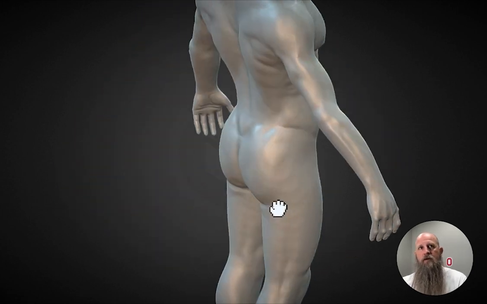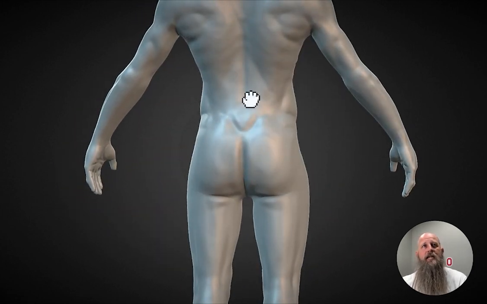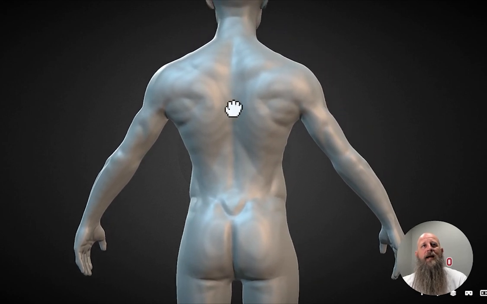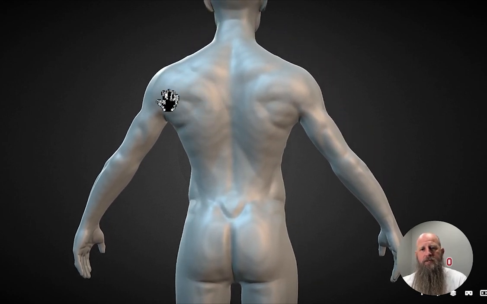Flip this around. Let's go to the posterior aspect. On the back side, we have the scapular region where the scapula is. Then in the middle, we have the cervical region, that's our neck. Then we have the thoracic region of the vertebral column. Then down here, you have the lumbar region.